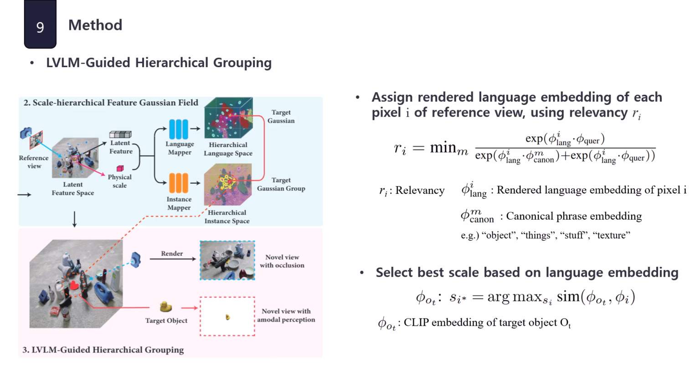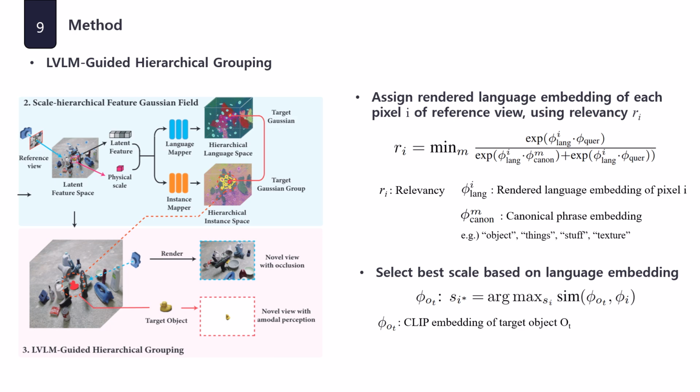Second, select the best target scale based on language embedding. Concurrently, we also determine an optimal physical scale, S_i star, for the target object. This is done by looking at the mask candidates for the reference view.